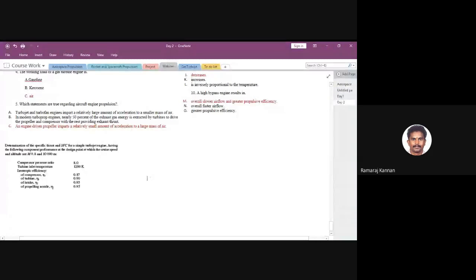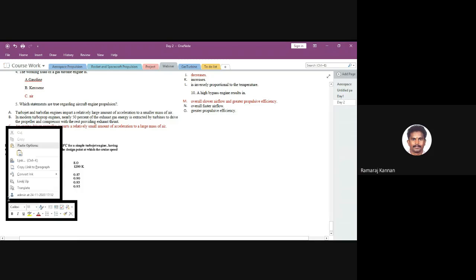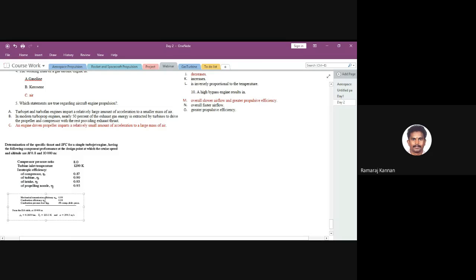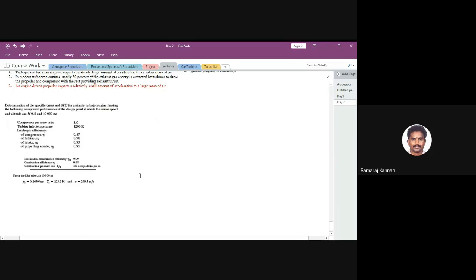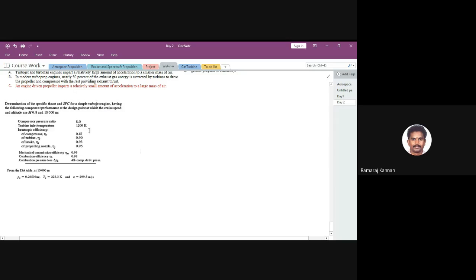Basically, it is a problem from Gas Turbine Theory by Gordon Rogers. Okay. So here we have taken a simple turbojet.